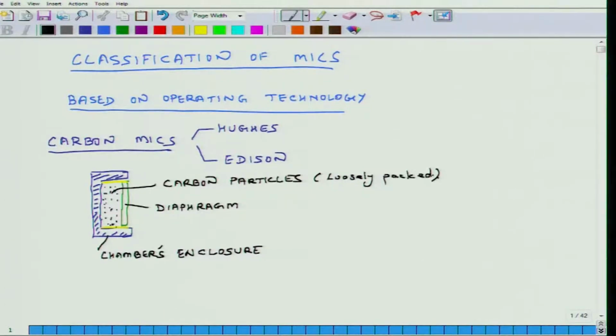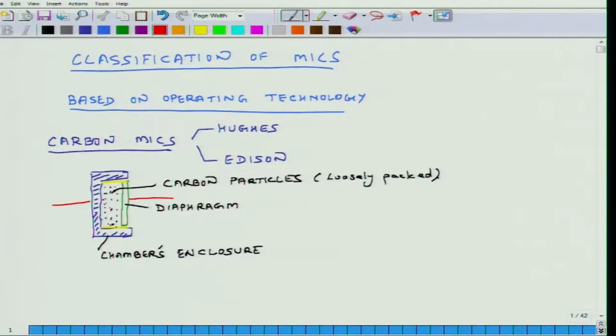What we are interested in, at least in context of this, is that we measure the resistance between this chamber's enclosure and the diaphragm, and because the diaphragm is not directly connected to the chamber, all the current actually flows through these carbon particles, and the resistance of this.